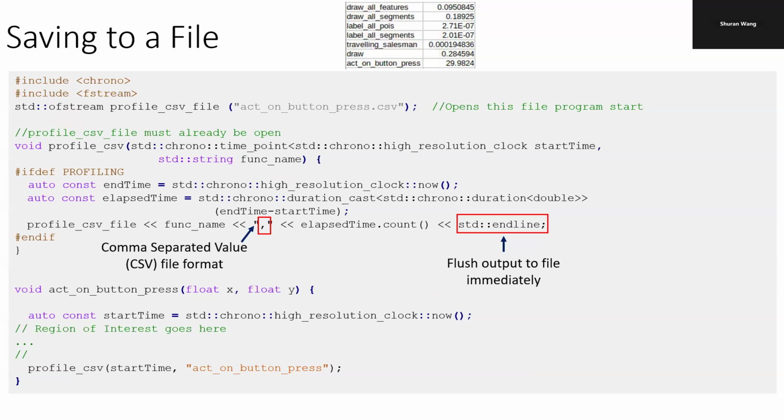If you open up the .csv file inside any spreadsheet app, here is what you will see. So whenever it goes over each of your region of interest, it will output the name and the time. In this case, it's in seconds.